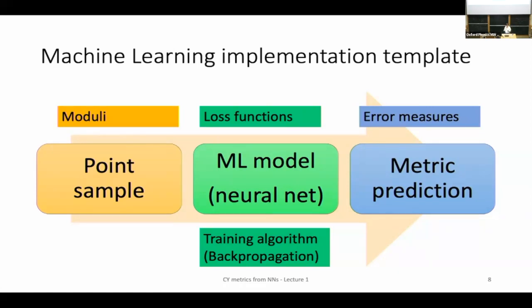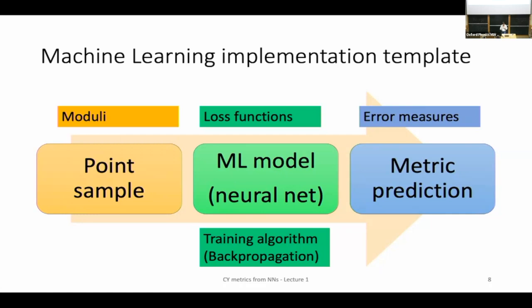So what we will want to feed in are the things in yellow, so the moduli and some points on the Calabi-Yau. Then we will devise some sort of machine learning model, which involves a neural net, where we will solve this equation using some sort of training algorithm.